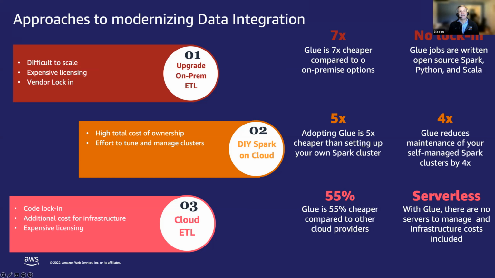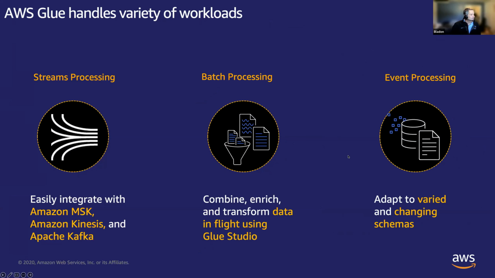So this is easy because the Spark clustering is all set up for you, and it reduces all that undifferentiated heavy lifting of maintaining and managing your own Spark clusters, which is a big pain. And last but not least, it's a serverless offering, so you're not managing infrastructure, and again, that's undifferentiated heavy lifting that you now don't have to worry about.